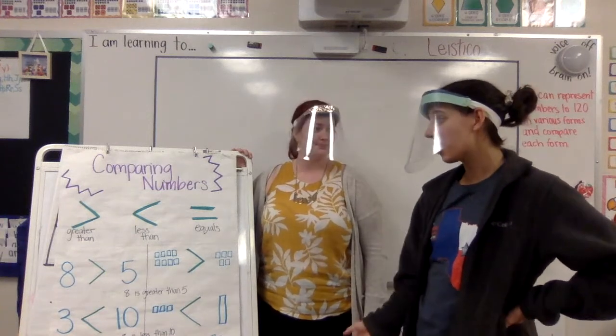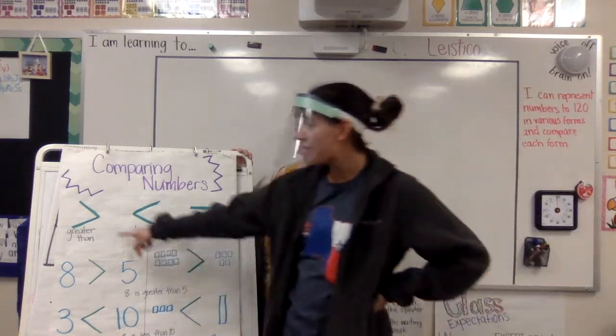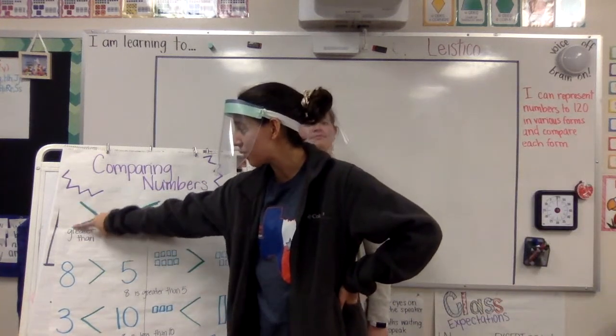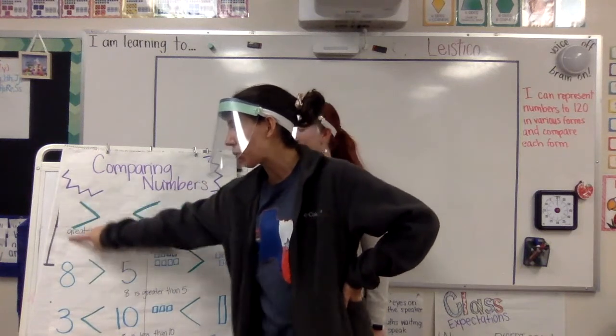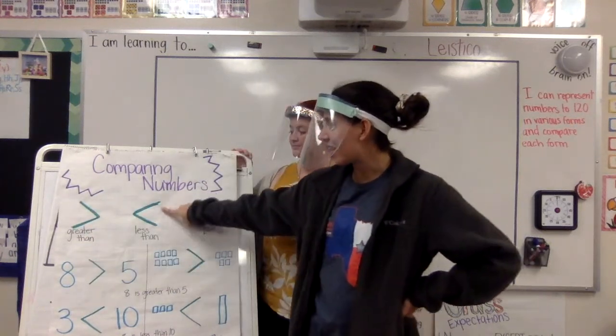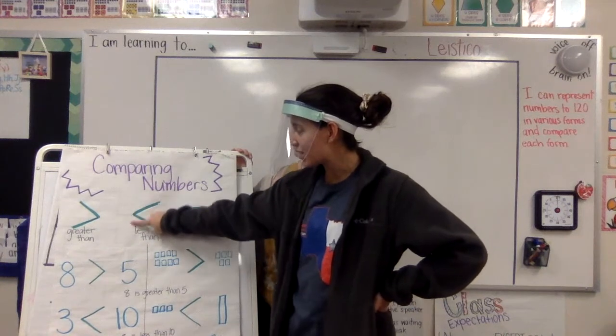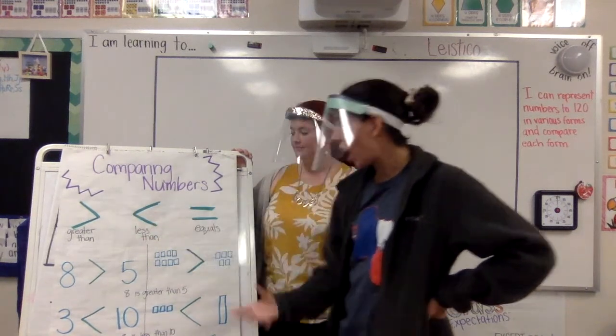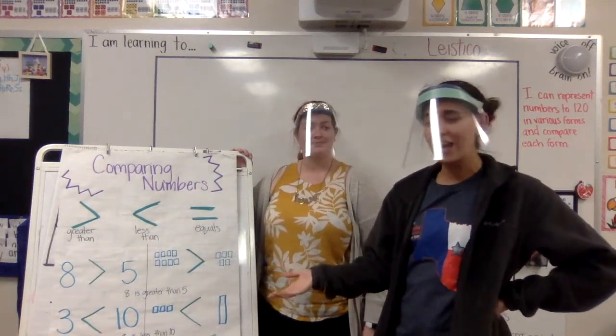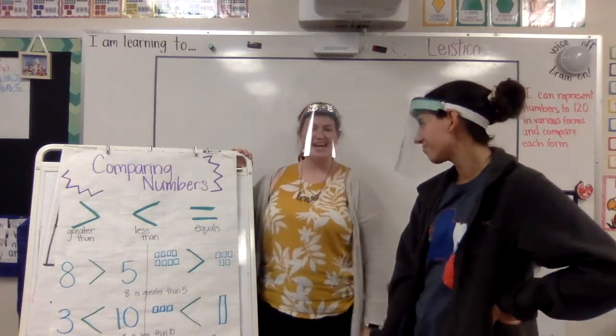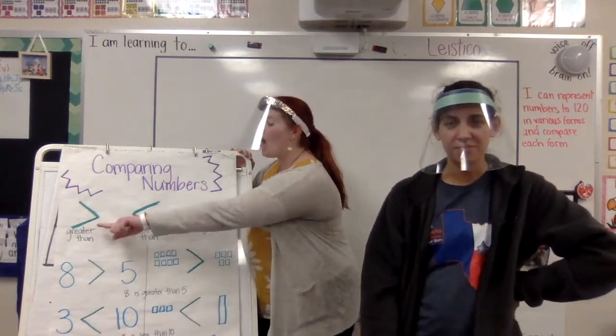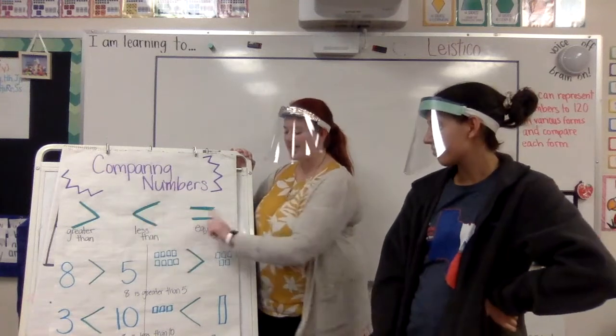That's true. So when you see these symbols, the bigger side is going to be your greater than side, and then the littler side pointing to the left is going to be your less than side. And when you can't find a bigger side, it means that it's equal. That's right. So we're going to make sure we're always calling this greater than, less than, and equals to.